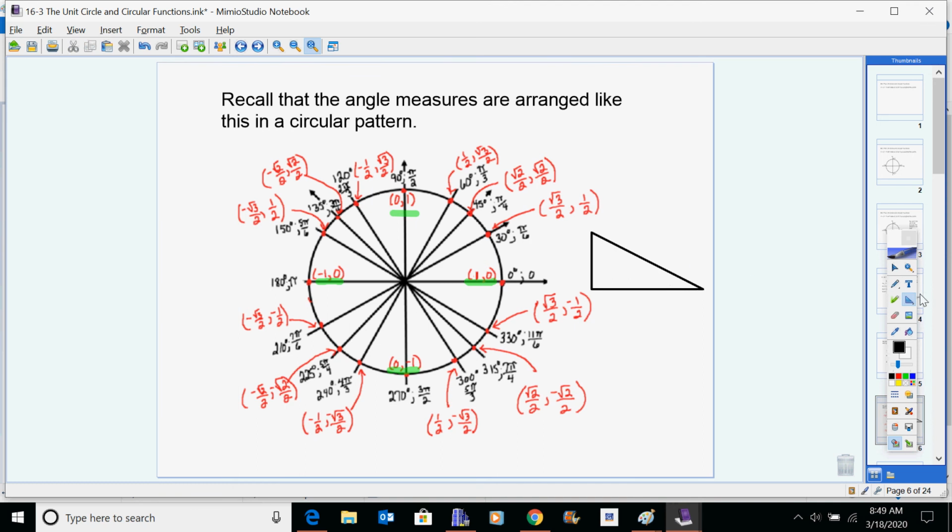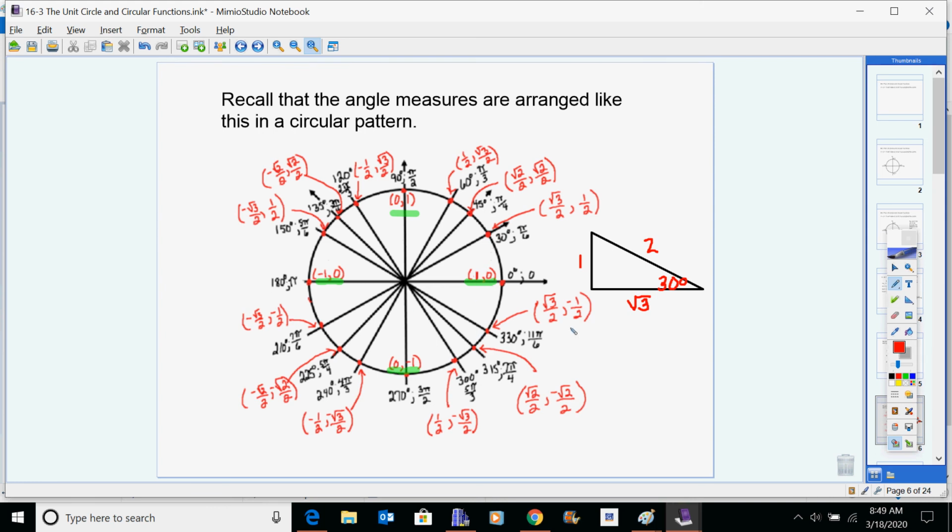In any 30, 60, 90 triangle, your proportions are 1, 2, and the square root of 3. So if you have the proportions 1, 2, and the square root of 3, and your 30 degree angle is here, what we need to keep in mind is you've got a hidden 30, 60, 90 triangle on any of them that go down to the x-axis, that deal with 30 degrees.